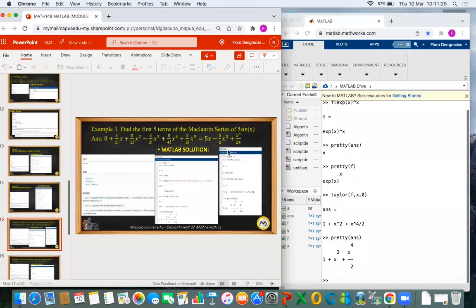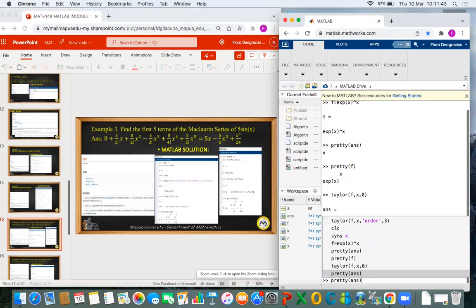Anyway, we can use MATLAB to check. What you will need to do is type your function. Okay, so let's recall. We have already sin x a while ago, right? So we have that.